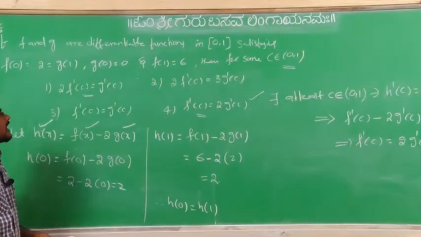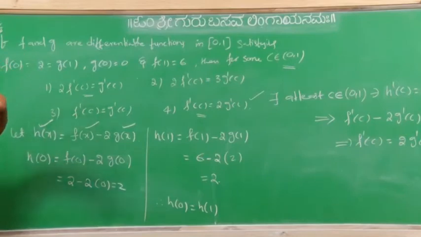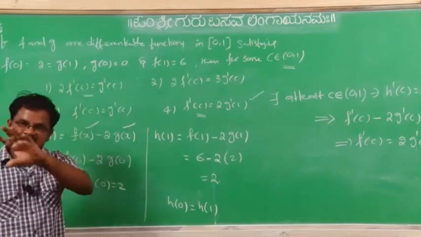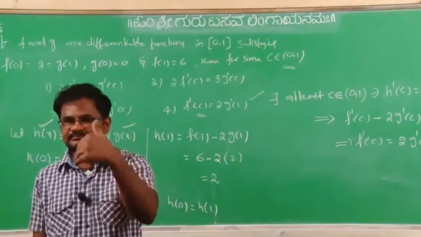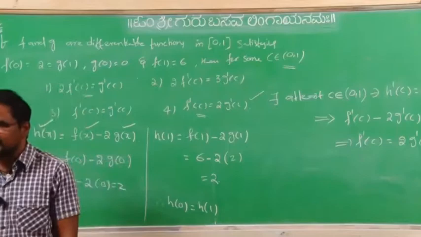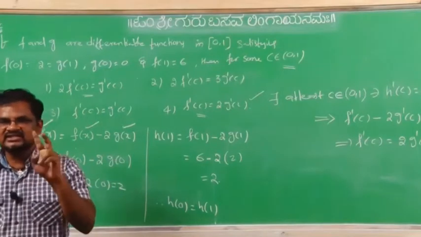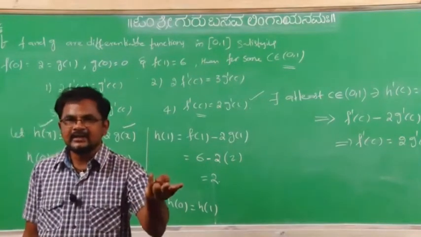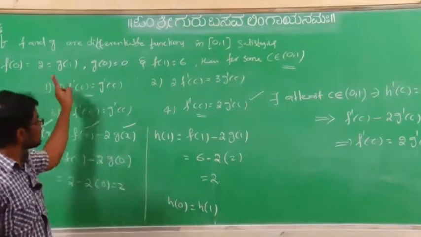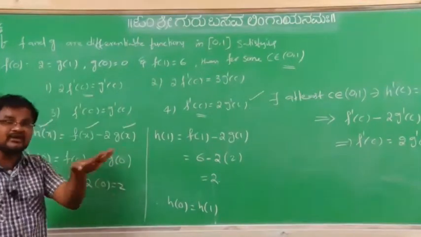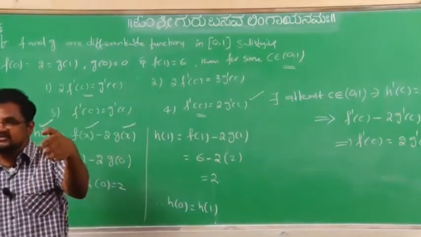Listen here once again. F and g are differentiable functions, and some conditions are given. Since these values are given, is it Lagrange's mean value theorem or Rolle's theorem? Lagrange's mean value theorem has only 2 conditions: continuous and differentiable. But along with that, values are also given, so it may be h of 0 equal to h of 1.